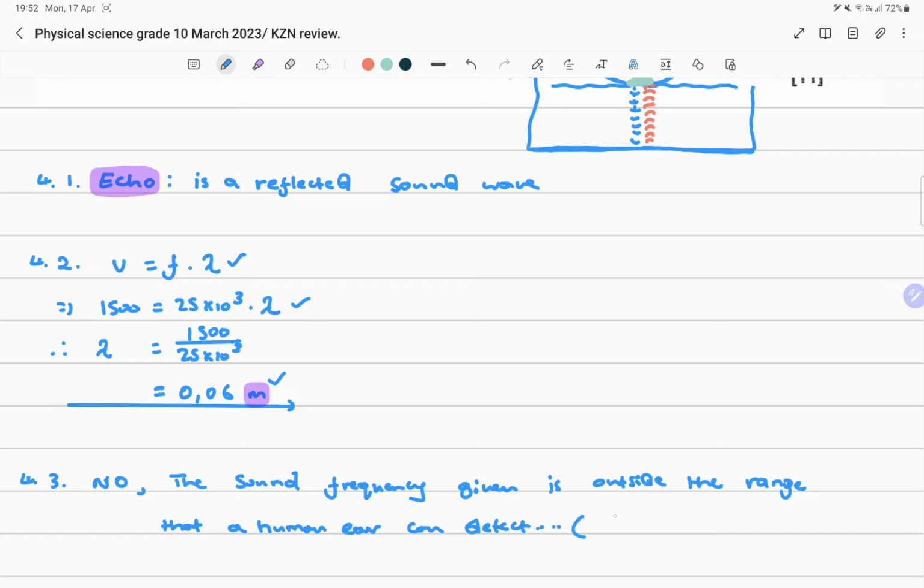We know that a human ear can hear anything from 20 hertz to 20 kilohertz. Okay, especially babies. But an adult, it can drop to around 15 to 17. Okay, but we'll assume we're talking about a healthy individual, young adult or something.